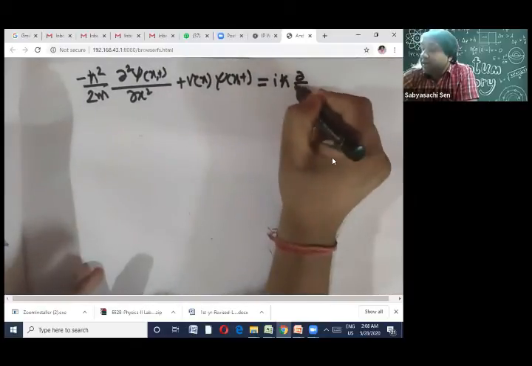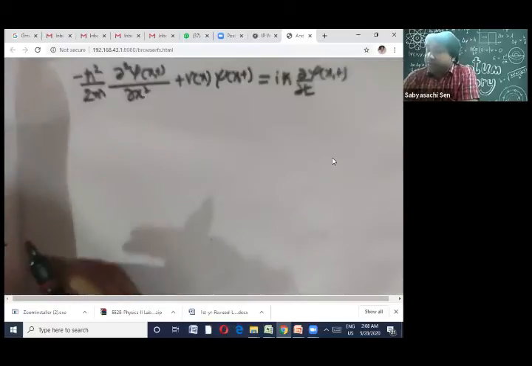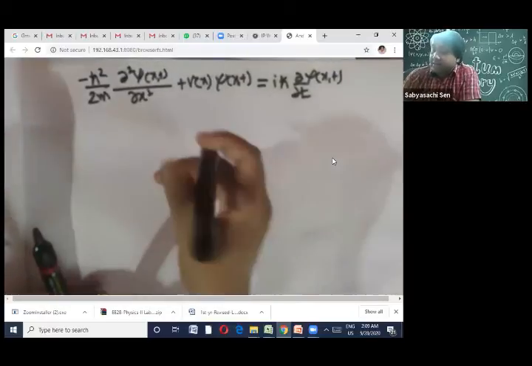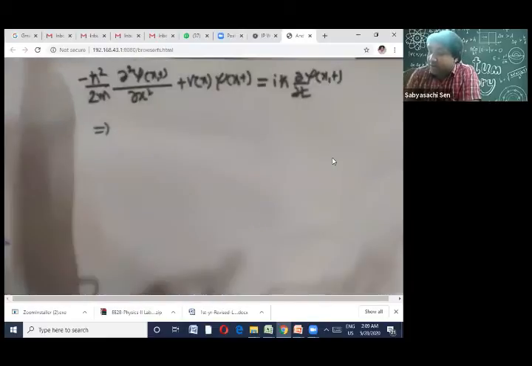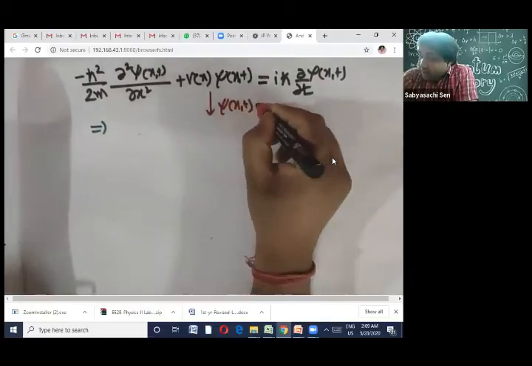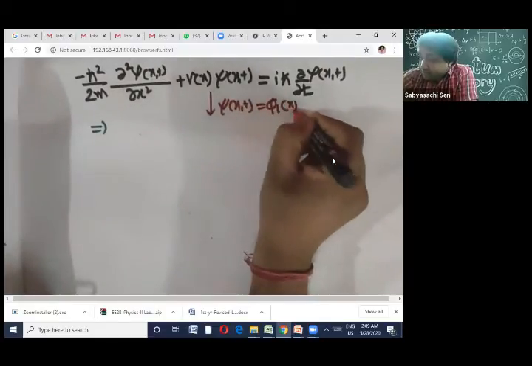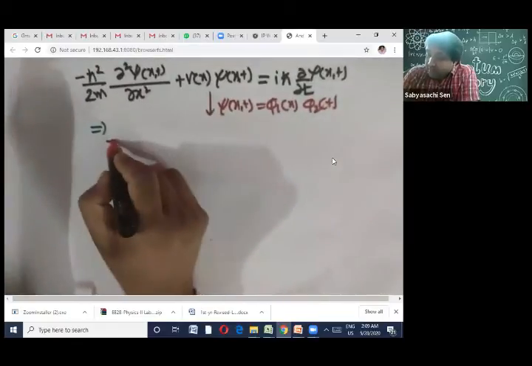I'm trying to adjust the font every time. Okay, so this is the converted form. After all of that, the idea is that I have taken psi as a product of phi's. This is my formula.